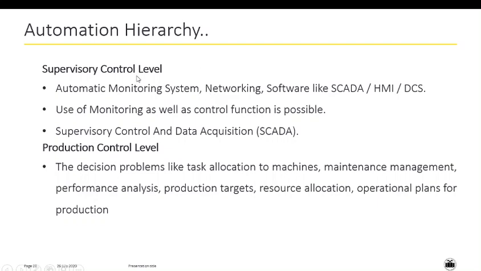It also involves some components for networking, and software like SCADA, HMI, DCS. The main job of this level is to monitor as well as to control. Both monitoring and control functions are possible by using this supervisory control level.